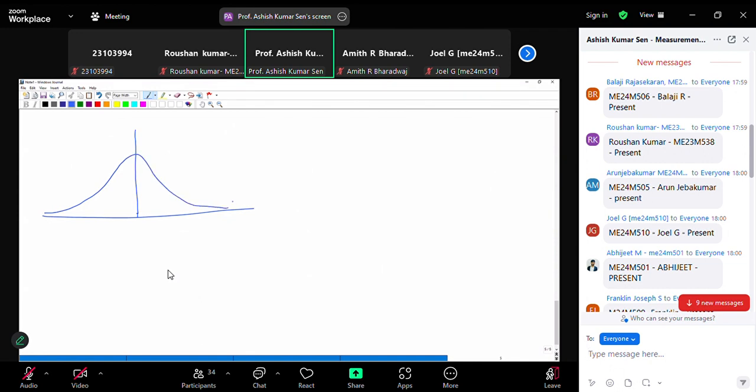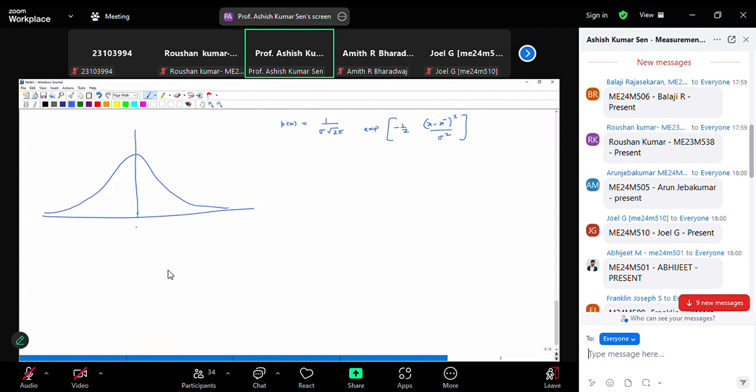So I write the equation again: P(x) equals 1 over sigma square root of 2 pi, exponential of minus half, and so on.